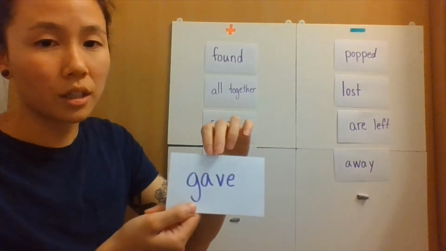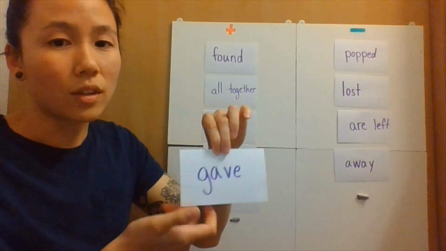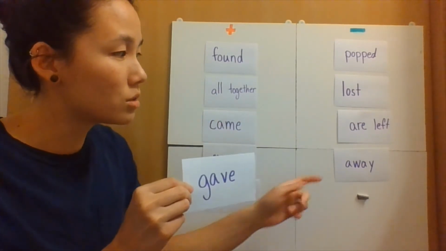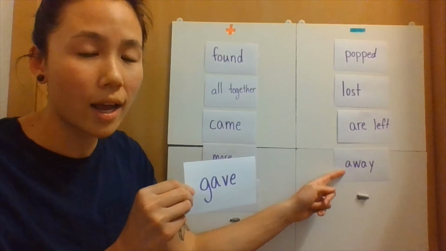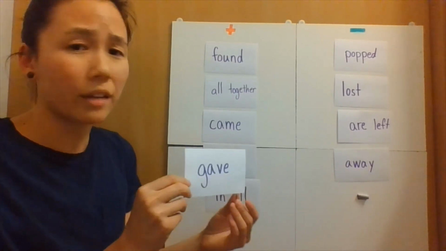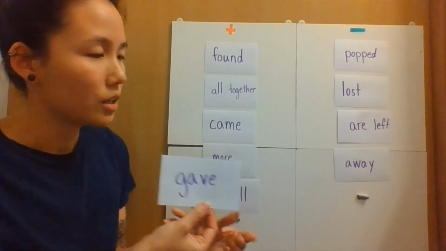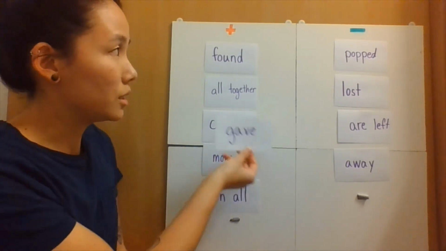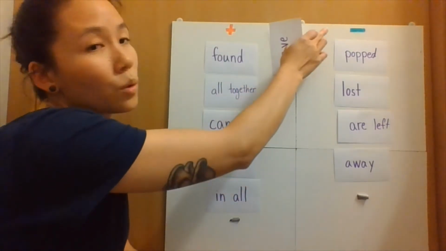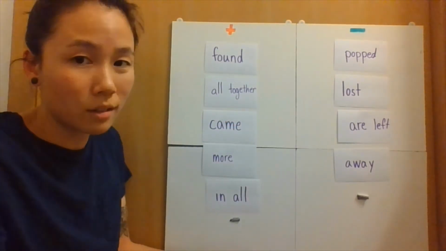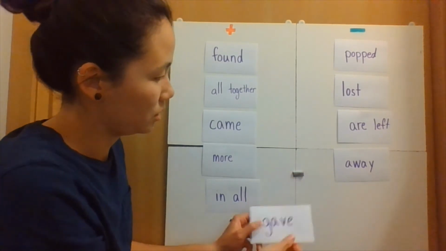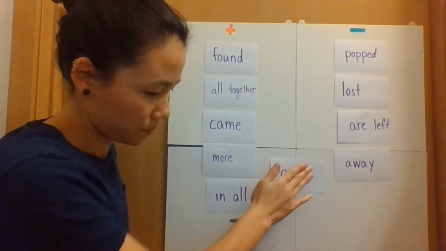So it's really important if you see the word gave that you are listening to the whole sentence, making sure that it doesn't say away, or gave less or something like that. So be really careful when you see the word gave, because it could mean either addition or subtraction, just depending on what words it's with. So really, this one should go in the middle.